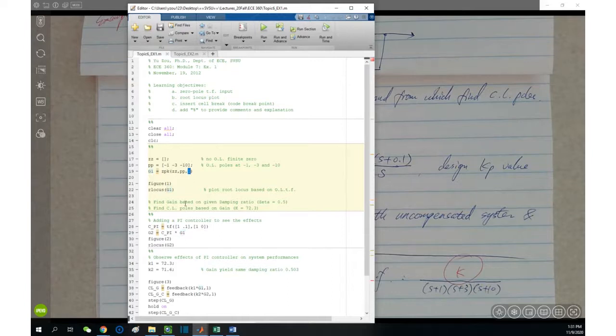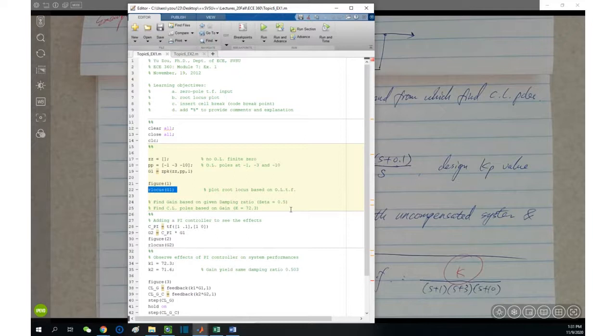Remember, I mentioned you're introducing varying k into the constant of 1. Of course, in the code we're not writing k. Okay, the varying k numbers are injected by the command, this root locus command itself. Right?